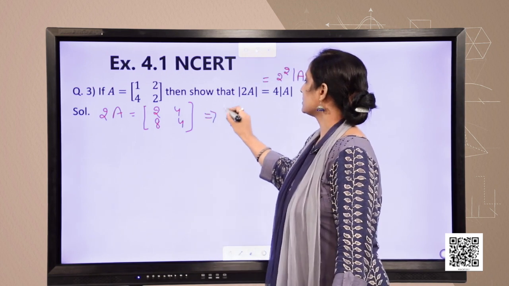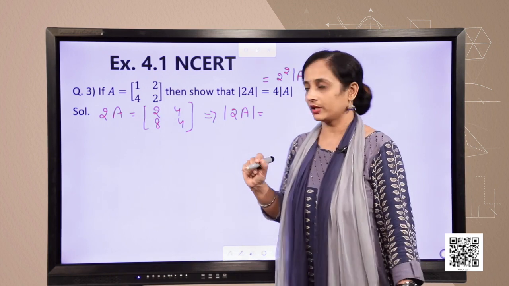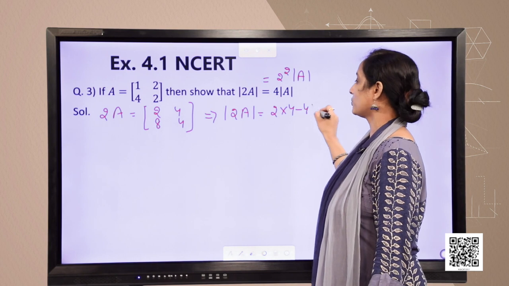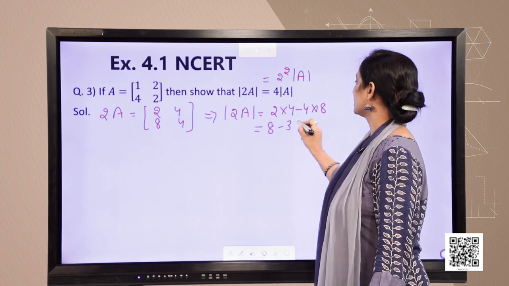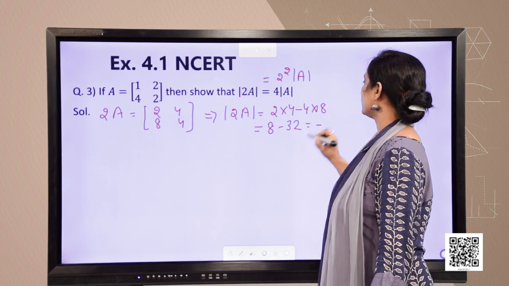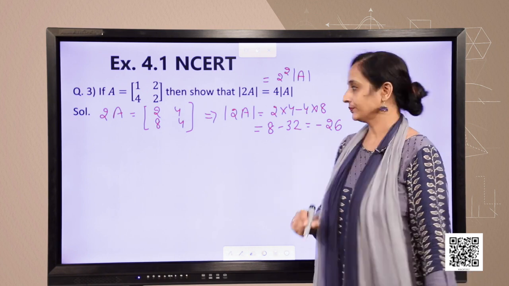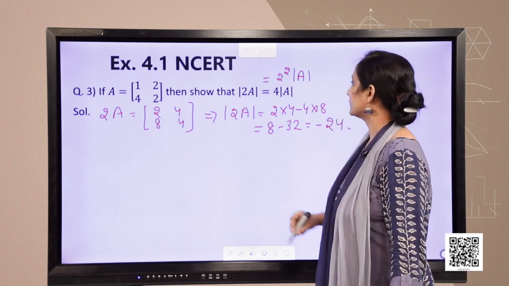Then you can simplify this further by taking its determinant of 2A. This is 2 into 4 minus 4 into 8. This is 8 minus 32. So this is giving you, sorry, this is giving you minus 24.